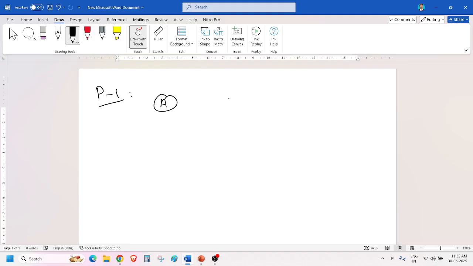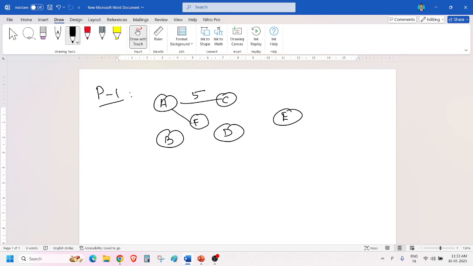The vertices are A, B, C, D, E, with edge costs such as C to E 5, D to E 6, C to D 12.